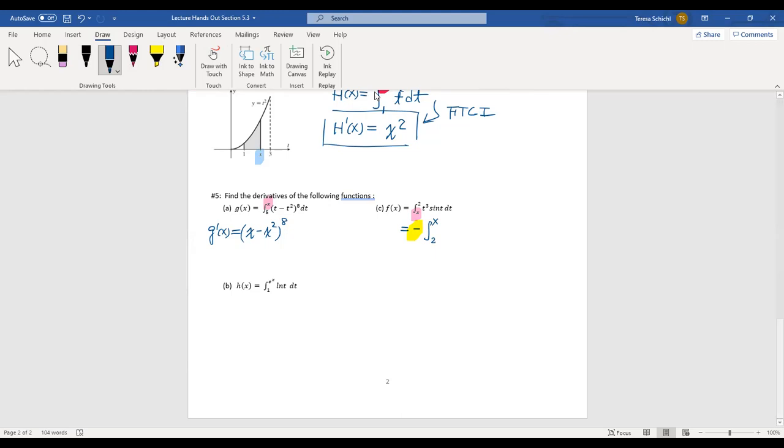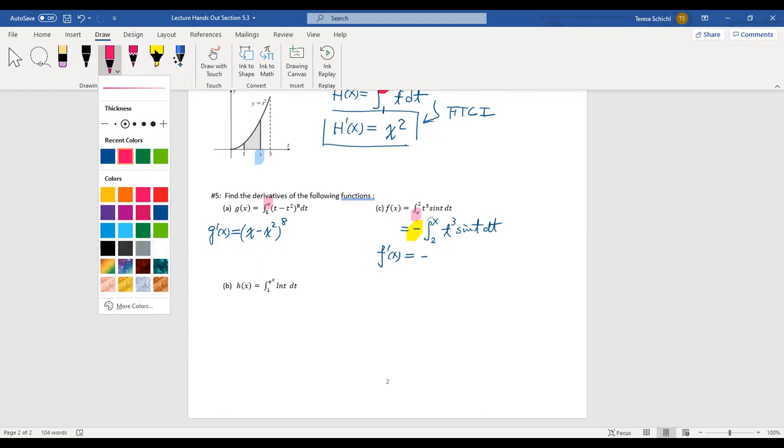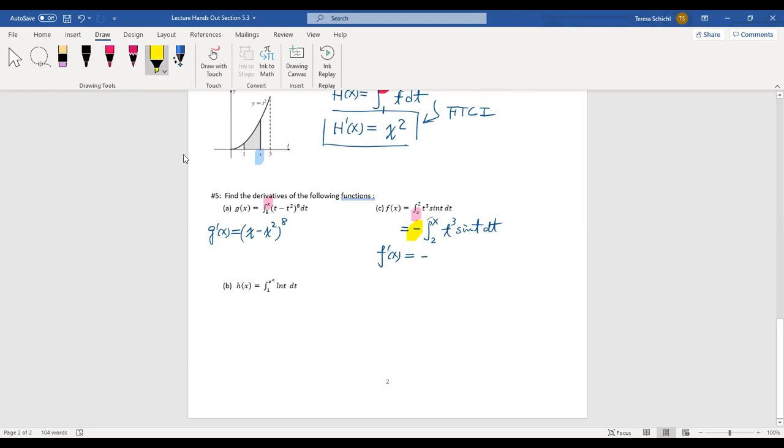So you switch from the 2x, then this is t cubed sine t dt. Now, if you want to find f prime of x, this negative sign is here, and this is the integration part.